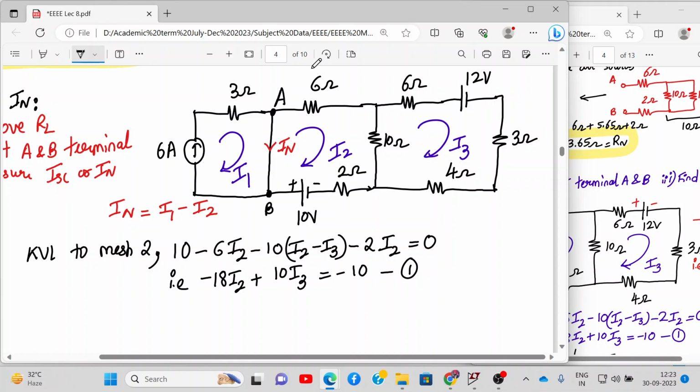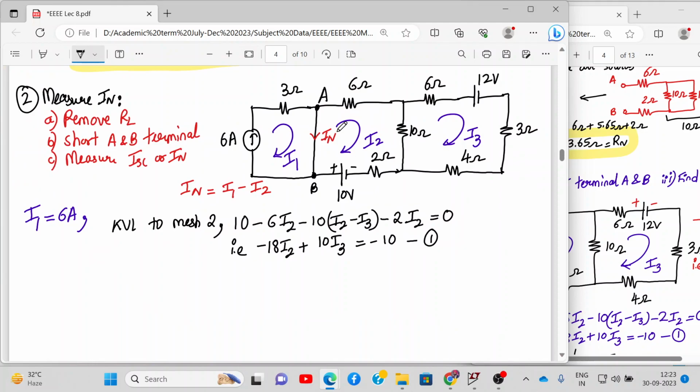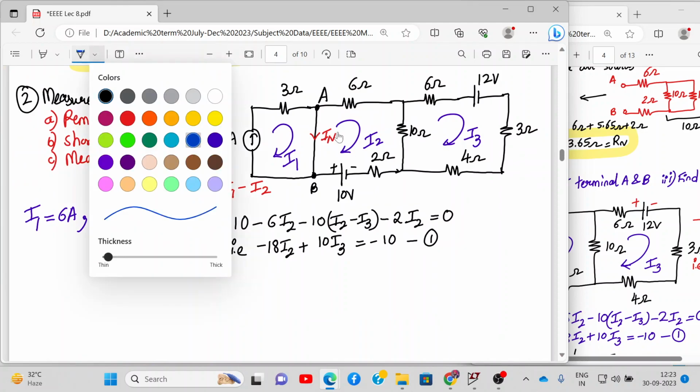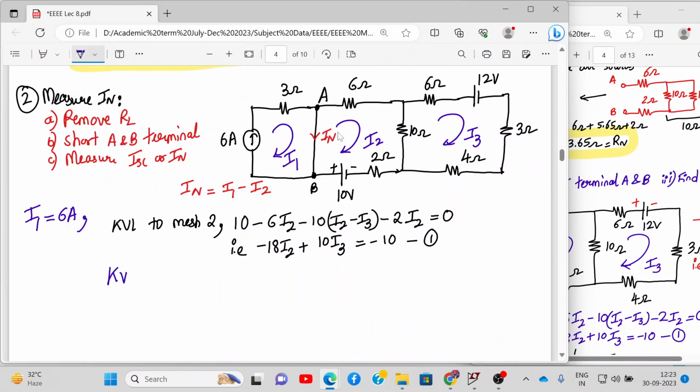KVL to mesh 3 gives us minus 10 (I3 minus I2) minus 6 I3. Here it will be plus minus, so it will be minus 12.